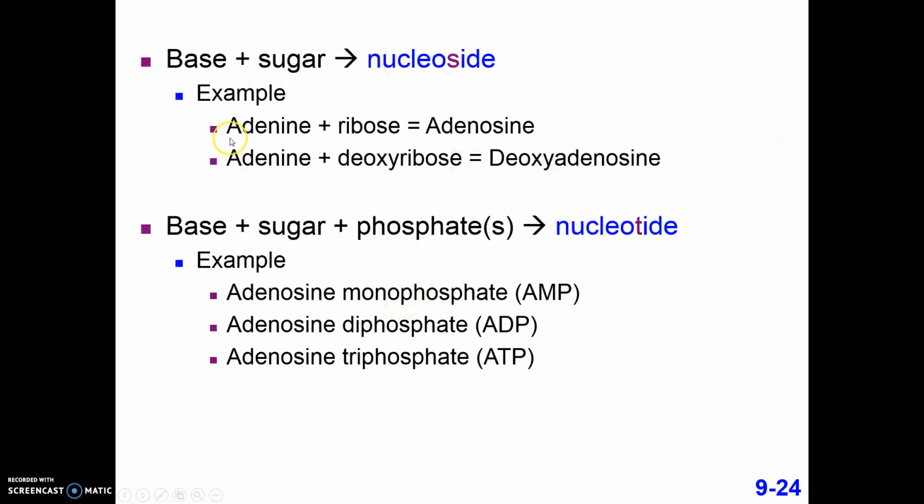All right, now, we refer to these individual subunits as nucleotides, but sometimes that phosphate group is missing, and we have a separate name for when it is just the base and the sugar.